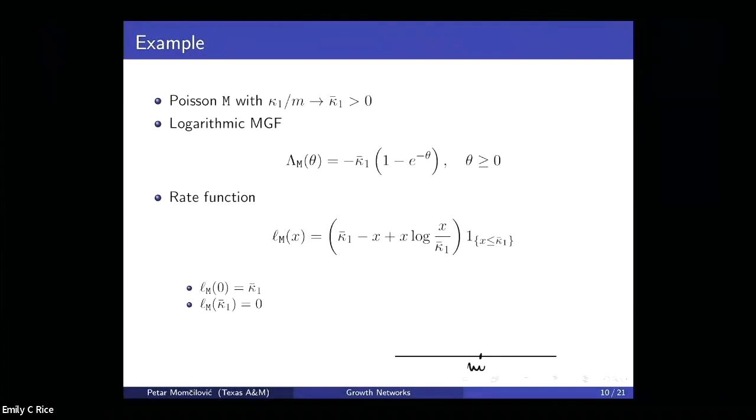Here is the mean. The probability that I'm less than the mean is kind of 1, and that's why L is 0. But as I look at the probability of being below some number that's less than the mean, it's exponentially small. This is L.